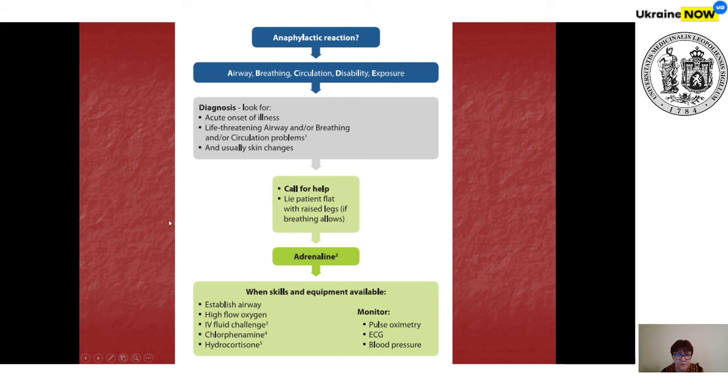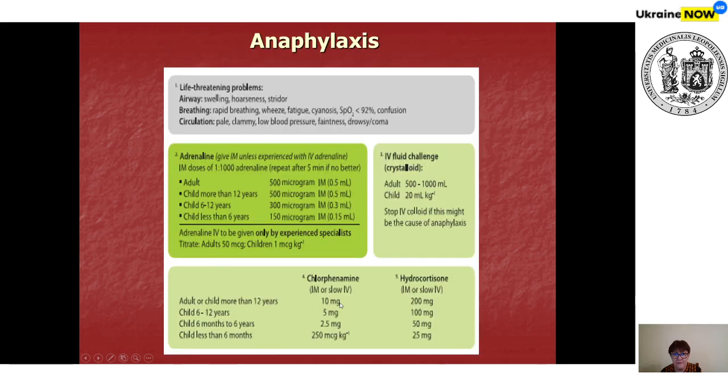These are the recommendations of the European Resuscitation Council for the management of patients with an anaphylactic reaction. For diagnosing, look for acute onset of illness, life-threatening airway, breathing and circulation problems, and usually skin changes are present. Medicaments must be used: adrenaline is the first line.